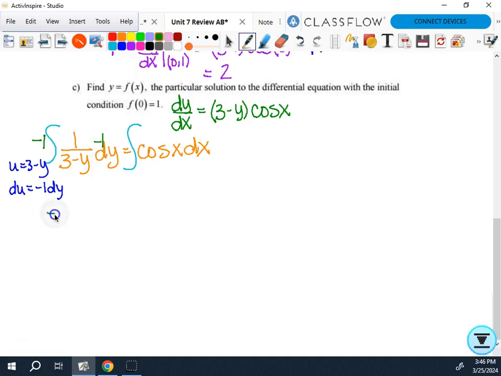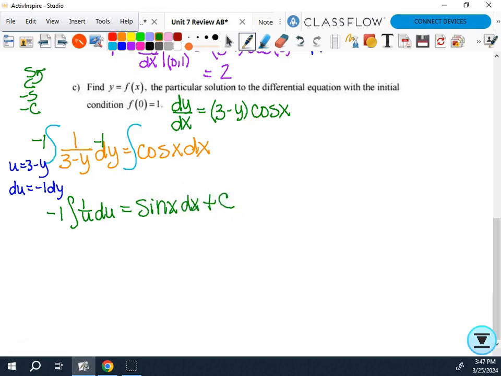And then this is going to give me negative 1 times the integral of 1 over u du equals, now I can go ahead and take the integral of cosine, and be careful with that. Remember, this is sine, cosine, negative sine, negative cosine. So if I'm integrating cosine, I get sine of x plus c.